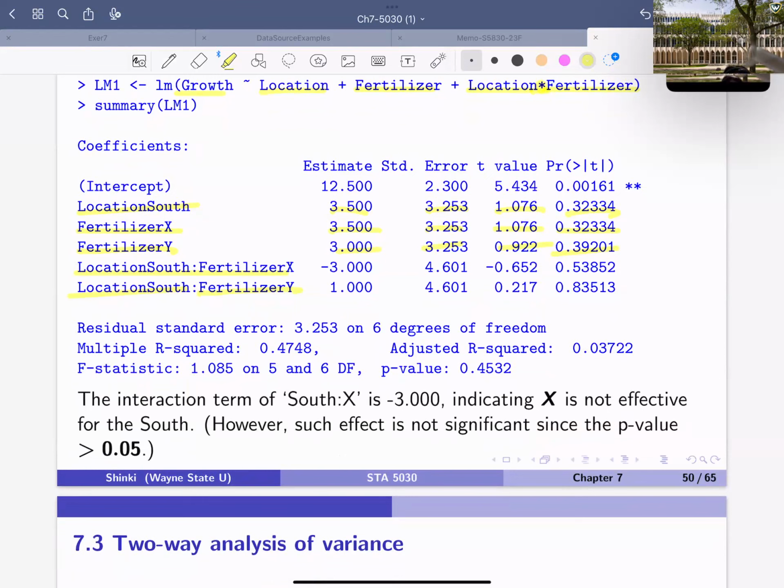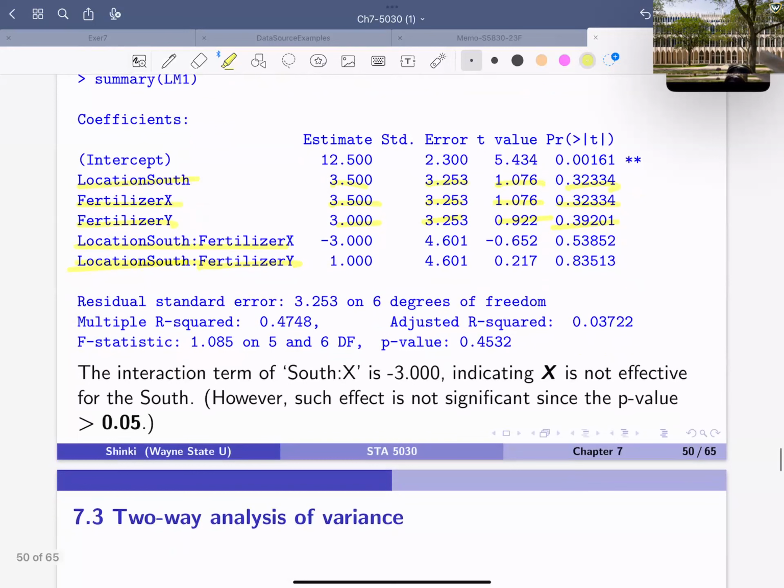Location north is the baseline and fertilizer none is the baseline, so the only possible interaction effects are these two. And you can see that the yield is lower if you combine the south and X.